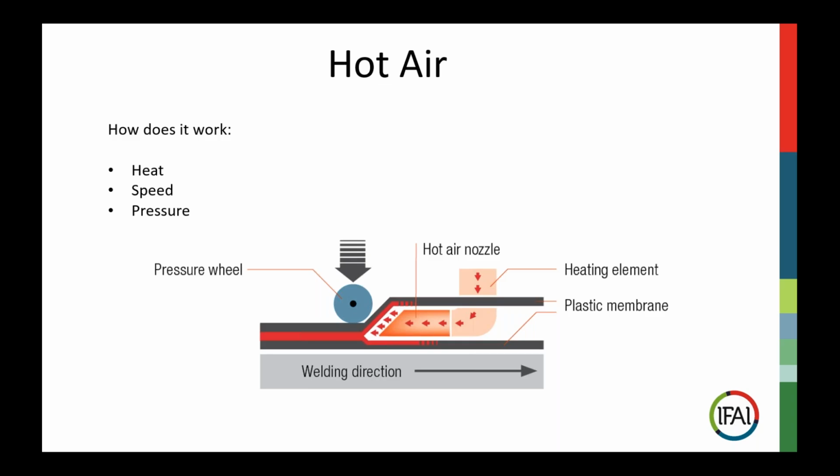This precise heat is then put right between the two layers, and then pressure is added afterwards to make a bond. Now this heat softens the plastic, makes it flow a little bit, and then the pressure bonds them into one fused material. So you basically have a material that is as strong as the original material itself.